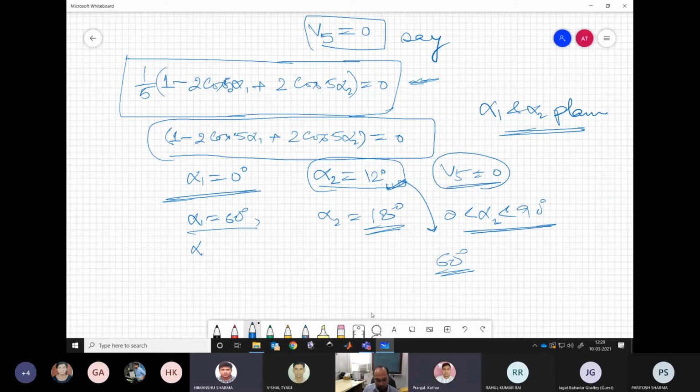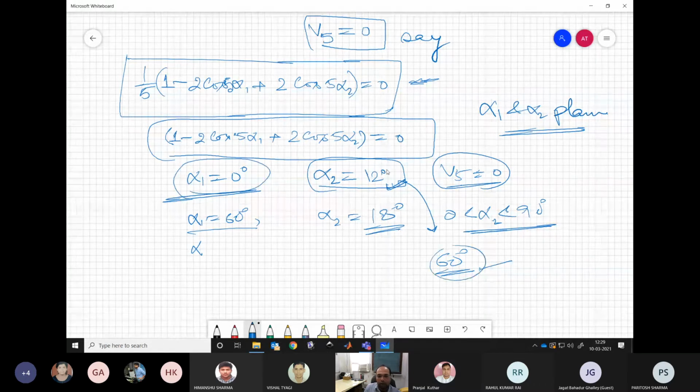Can someone confirm? Yes, sir, it is correct. So for the same value of alpha 1 equal to 0, we are getting two values of alpha 2, 60 and 12. Which means we have multiple options. That means we are going to get many curves for this particular value V5 equal to 0.